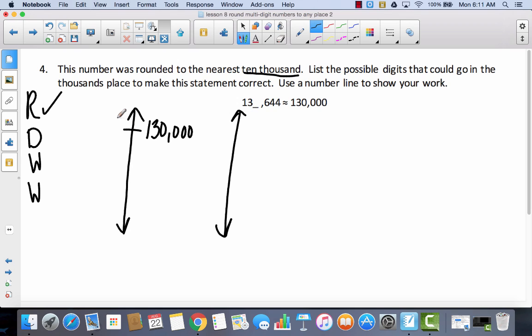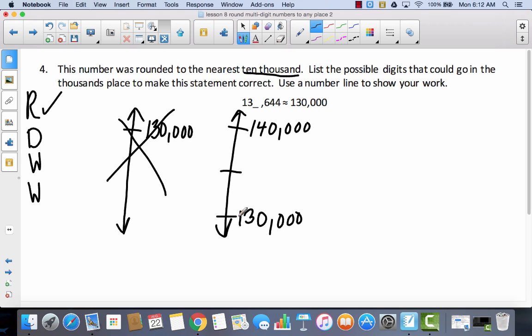So now that I think about that, my number line couldn't look like that. 130,000 would have to be the bottom number, because with the first two digits being 1 and 3, this number has to come between 130,000 and the next 10,000. So the next 10,000 could be 140,000. So this is 13 10,000s, this is 14 10,000s. So this number rounded to 130,000.